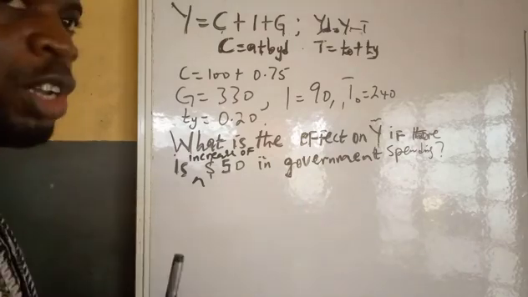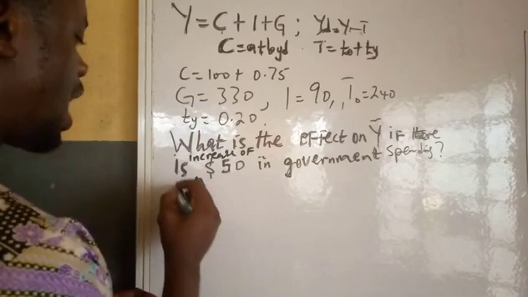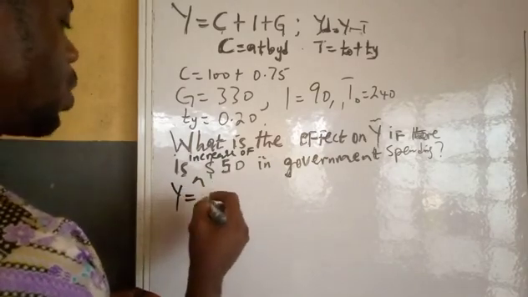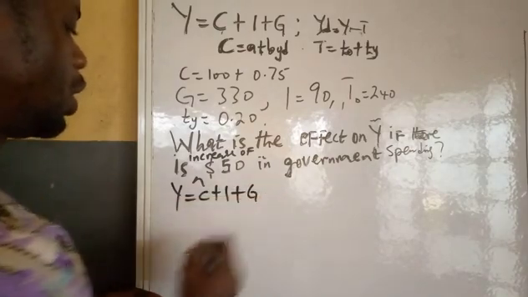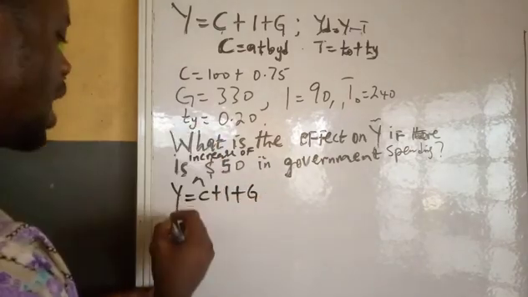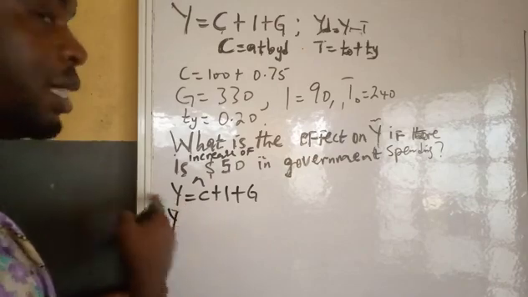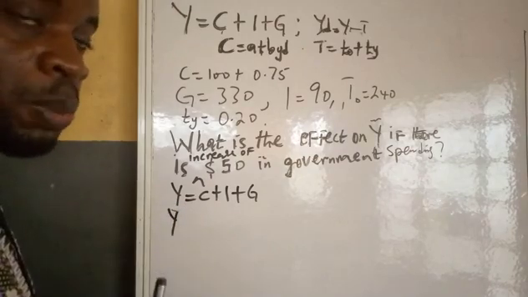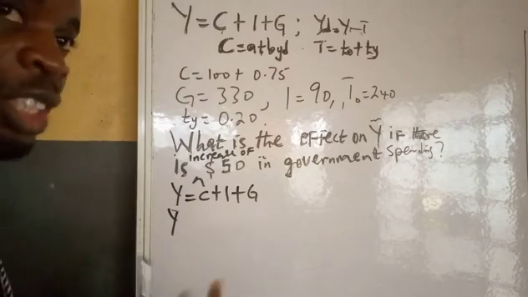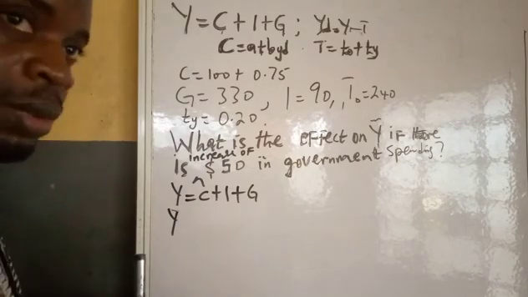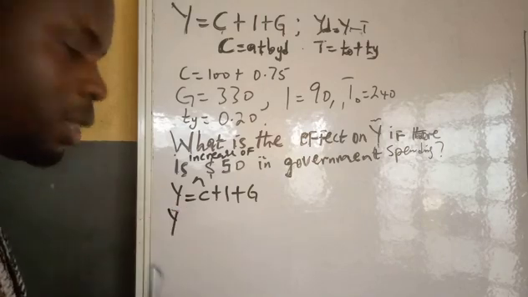If you want to find the equilibrium, let's build the model first. We have y equals c plus I plus g. Here y is the national spending, this y represents national spending.